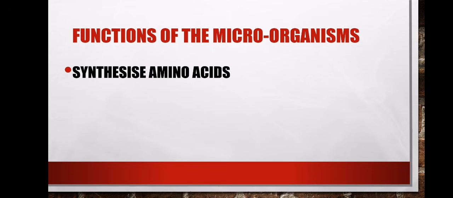Why? Because they have microorganisms that are able to synthesize amino acids. We will explain later how it does that, whereby it uses ammonia to synthesize amino acids. Okay, fine.